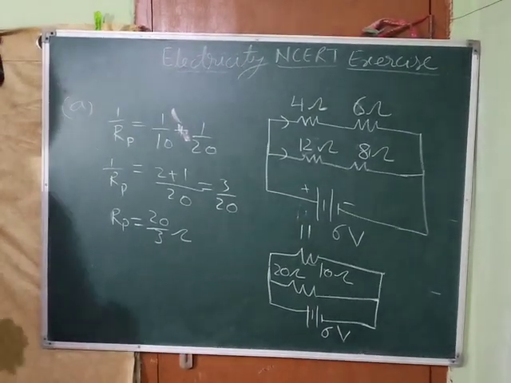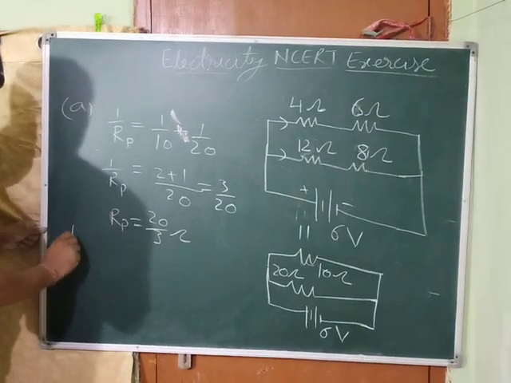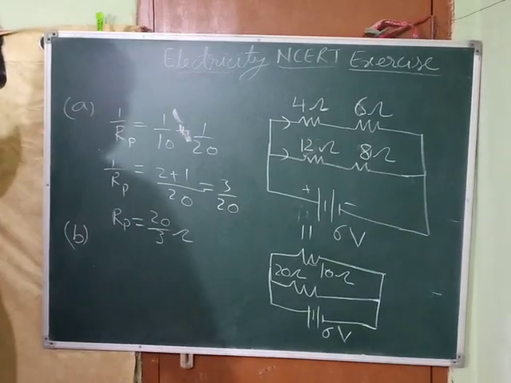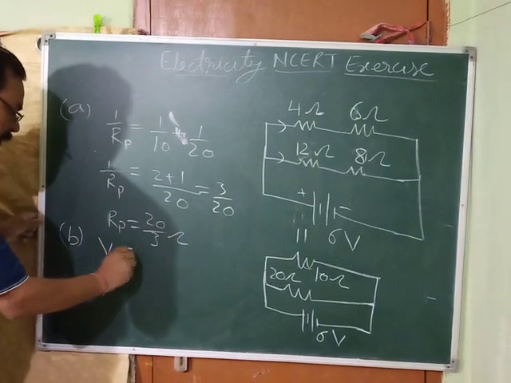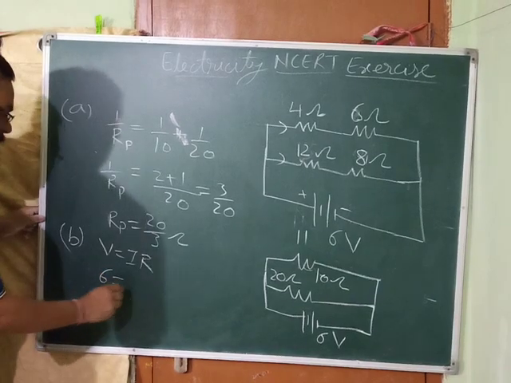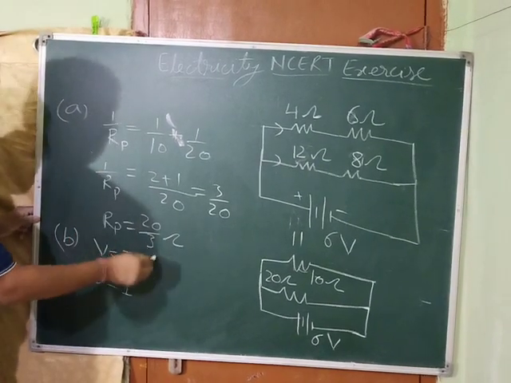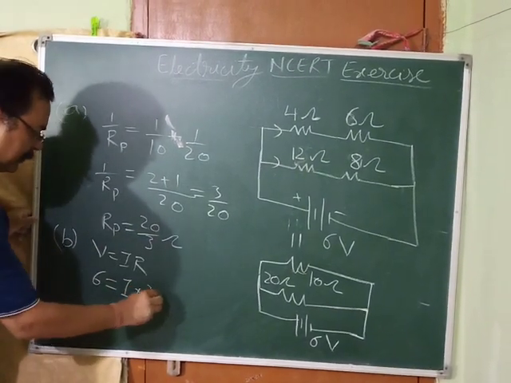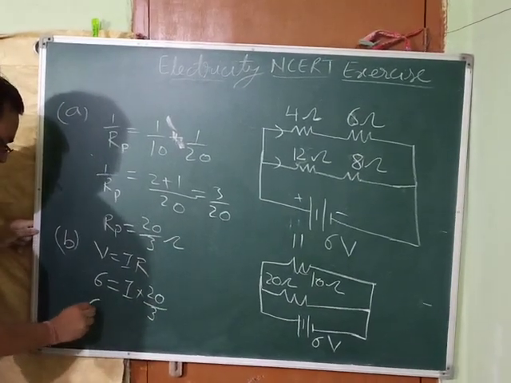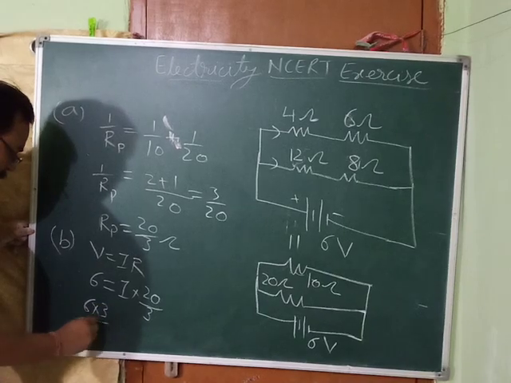Okay. Now for part B, we have to first find out the total current in the circuit. So we know that V is equal to IR. Okay. V is 6 volt. I we don't know. R is the total R, 20 by 3. If you take this side, what will happen? 6 into 3 by 20.